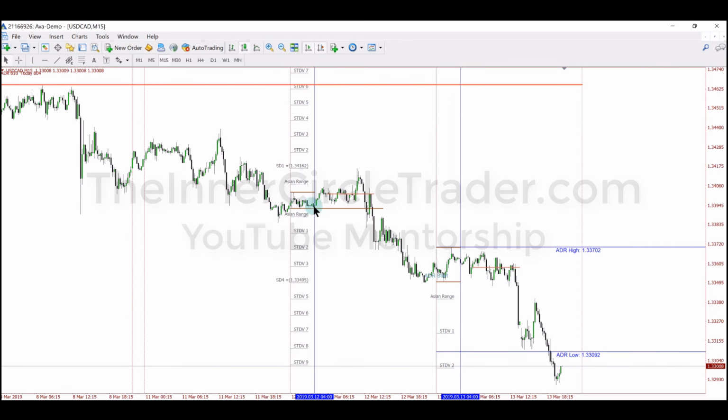So using the smoothest portion between the two, in here, Asian range, one full standard deviation up gives us 134.16. Again, forget the pipette. The actual high forms at 134.16.